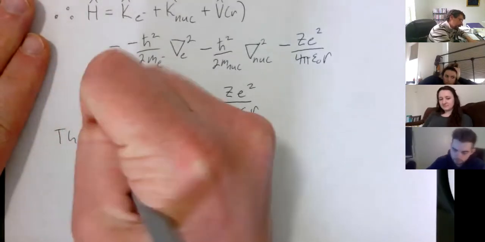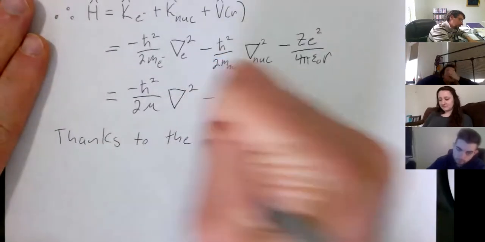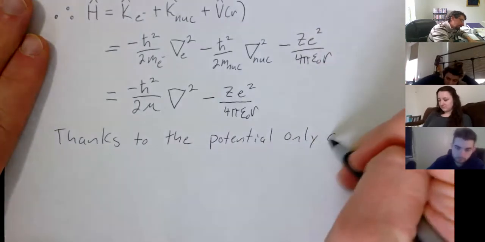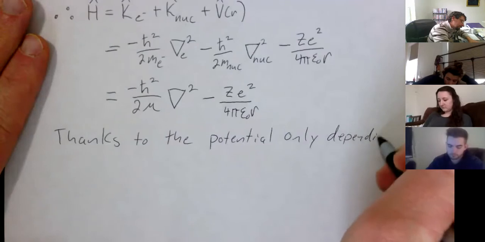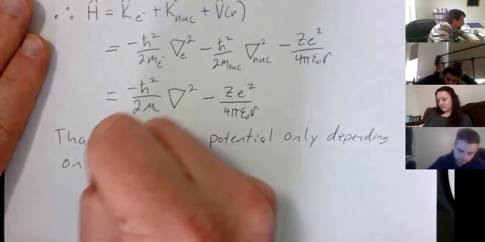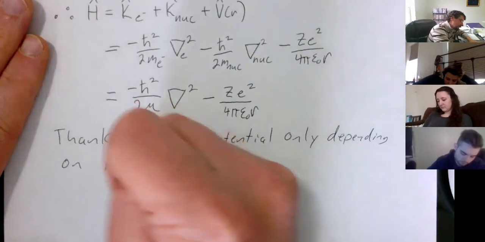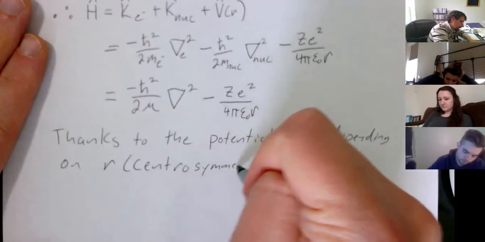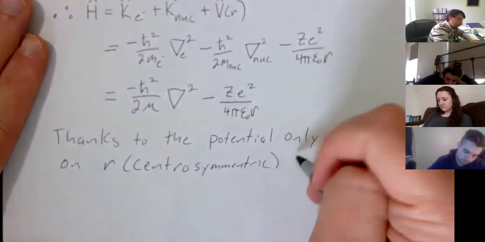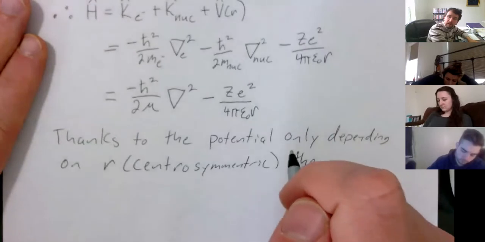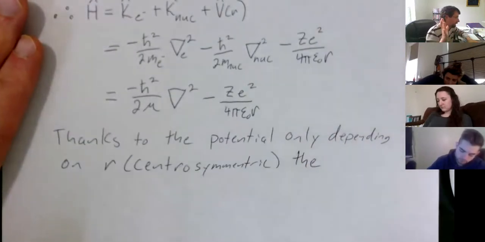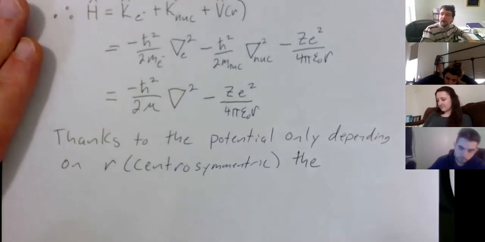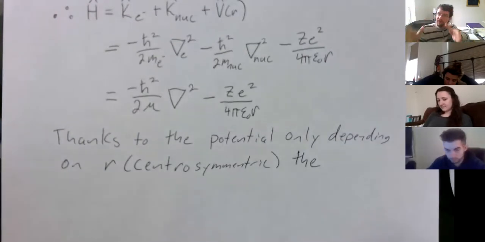Thanks to the potential only depending on r, that distance, and it's centrosymmetric, we can separate the wave function into a part that depends on the angular part and the radial part. So a part that depends on r and another part that depends on theta and phi.